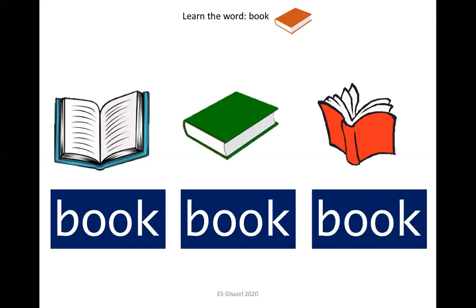So that should take not more than a minute, because what we want is more active participation. Here, the students are not active. It's just a demonstration that this code or these shapes of letters in English are representative of book.